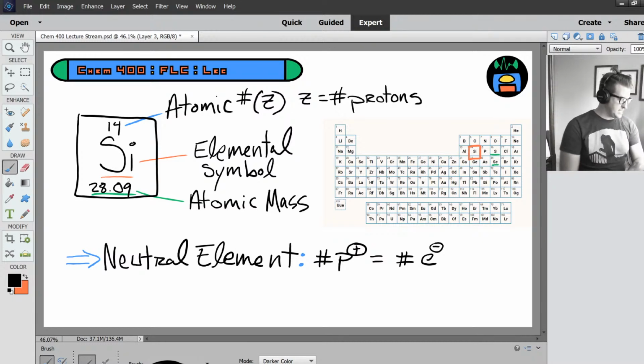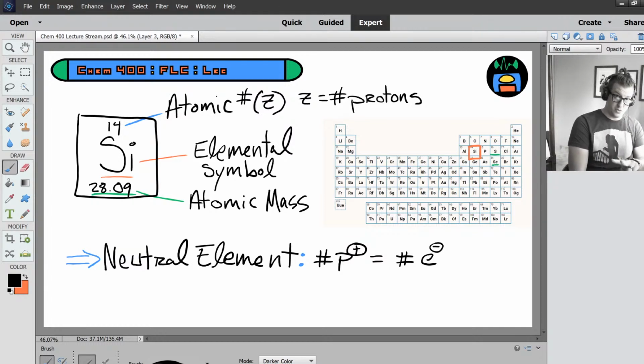Often you'll hear people, me included, call this the atomic weight. And for those of you who come from a more pristine physics background, you might say, well, weight and mass are different. And I want you to know that I know that and agree with you. I just don't care.